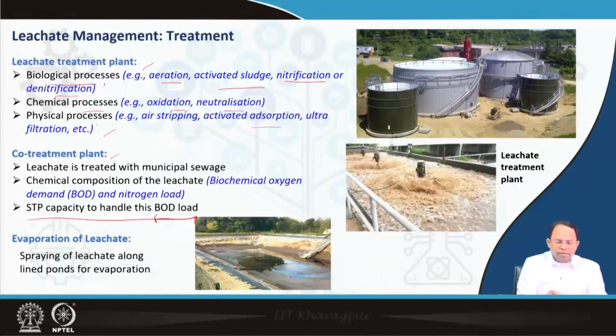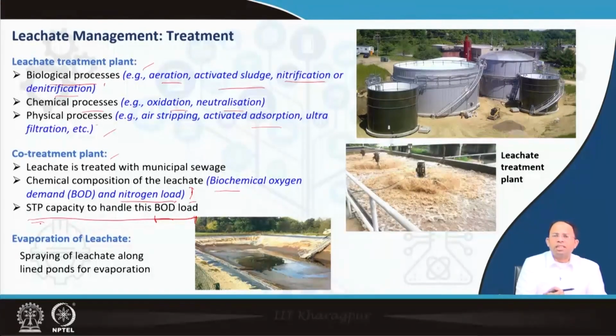So that means whenever leachate is brought for treatment, it has got organic matter and all. So obviously the BOD will increase, right? And similarly, the nitrogen load would also be increased, right? So this extra BOD and nitrogen load has to be taken care of by this sewage treatment plant.